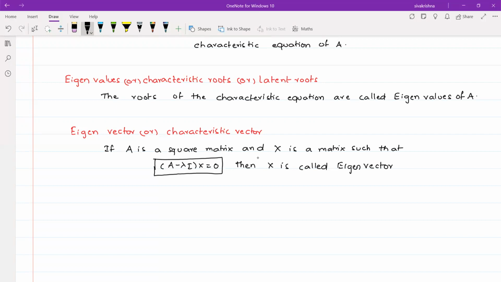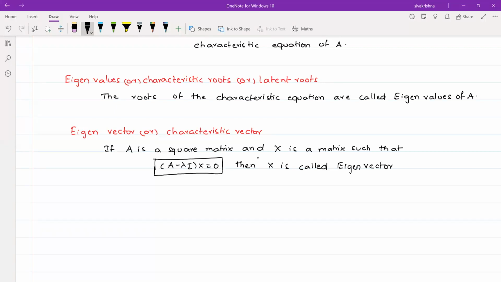Without an eigenvalue, we cannot find an eigenvector. First we find the eigenvalues, and then for each eigenvalue we can find one eigenvector, using A minus lambda I into X equal to 0.